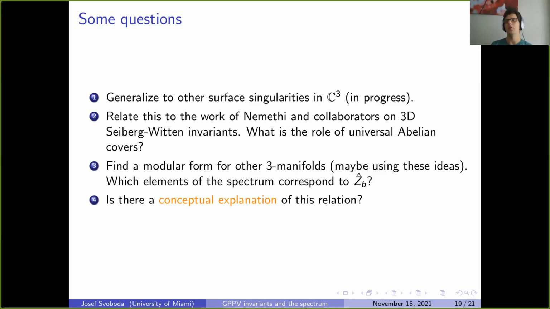So it is possible that there is some relation, and it is not clear how far we can get in the generality.